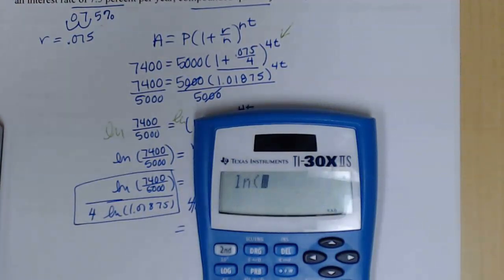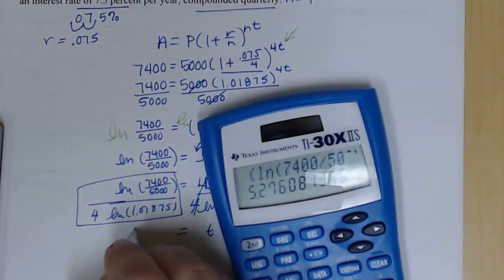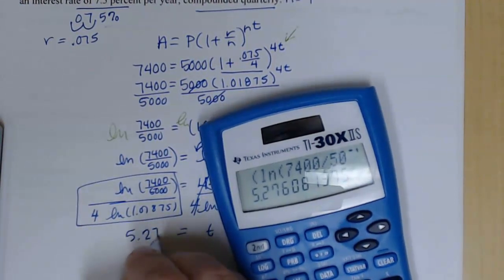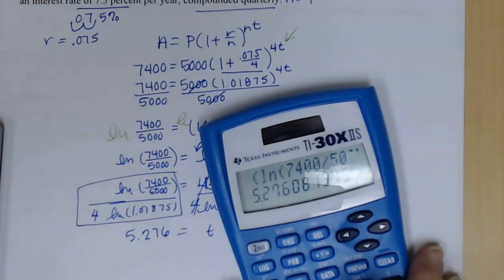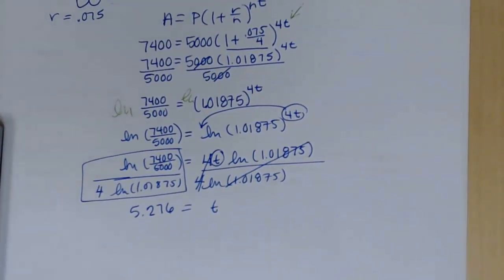Then I'm going to do ln of 7,400 divided by 5,000, divide it by that last answer I just got of my denominator, and hit enter. So I get 5.276 for t.